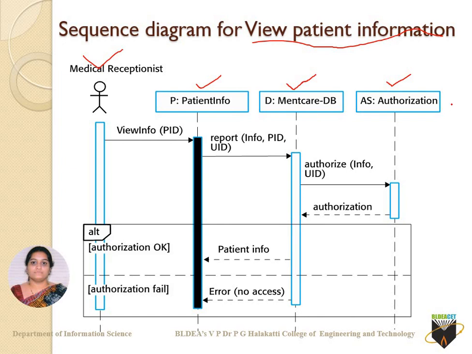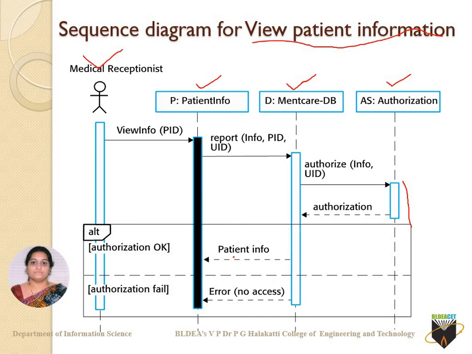From the Medicare database, an authorization is looked up. Authorized to whom? Authorization is checked for this particular UID. If you are an authorized person, it will deliver back. Here you can see this is the active part, and this is all passive when the object is not required. After the authorization you can see that patient info is being given.